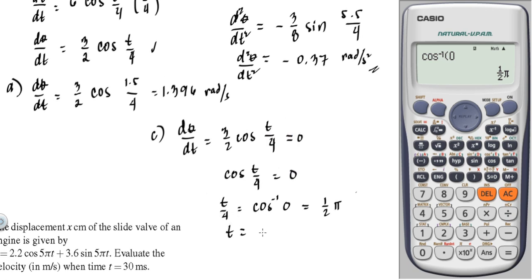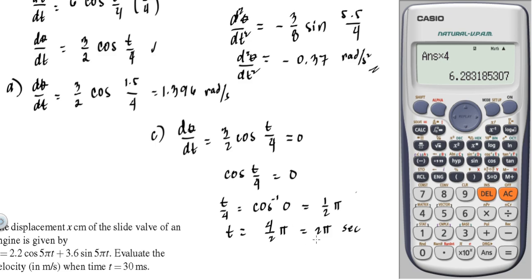Ayun, may 4 pa. So, 4 over 2 pi, or 2 pi. Ilang seconds yan? Yan ang answer. 2 pi seconds. So, 2 times 3.1416, around 6.28 seconds. Yun ang answer. Okay? Yes.